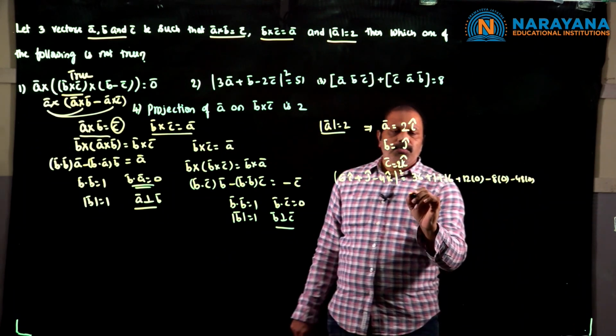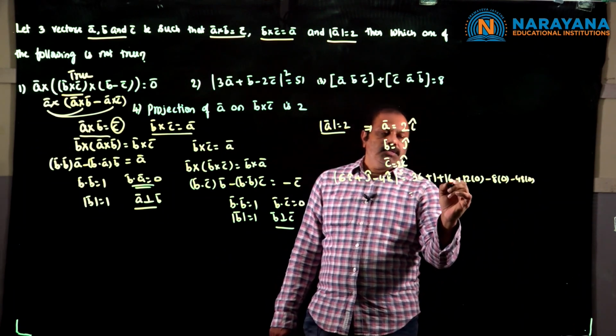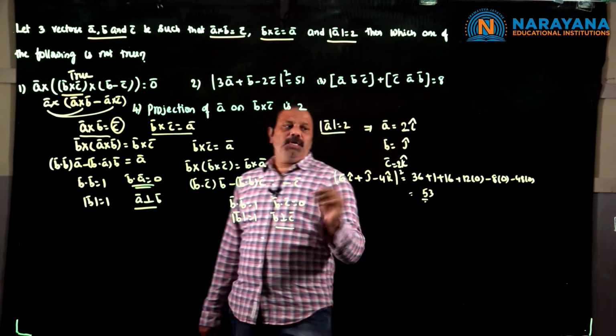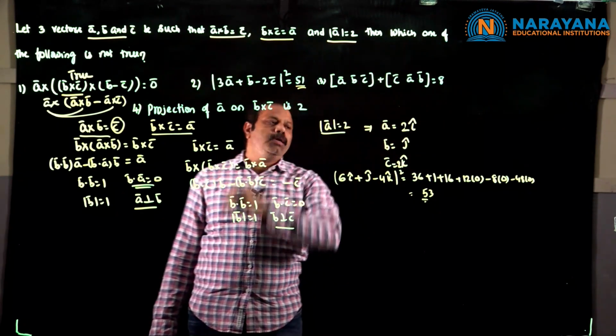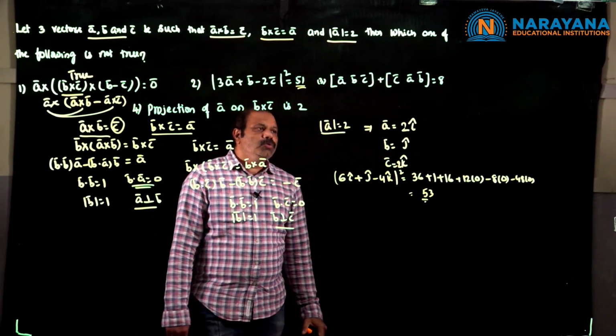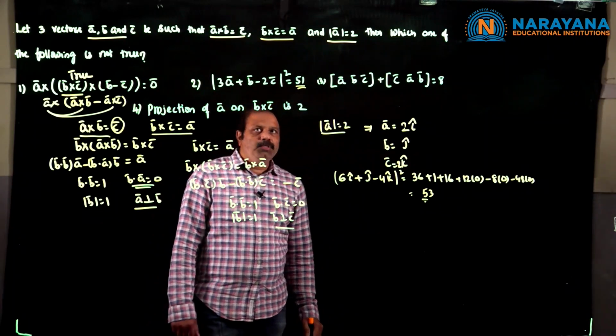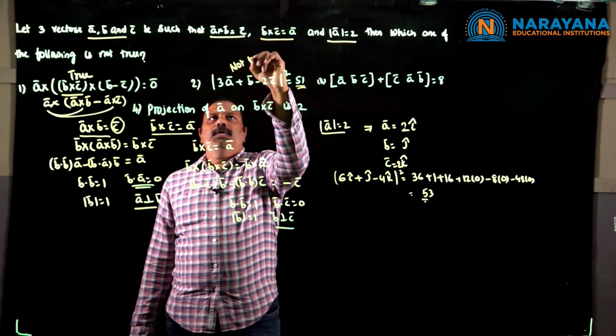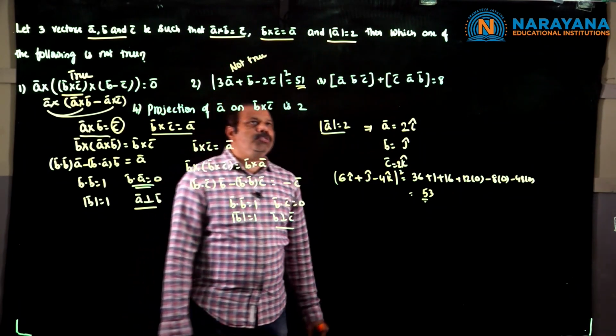This will be equal to 37 plus 16, which is 53. Here it is 53, but they have given 51. So that is why this option is not true. Let us see the other options also.